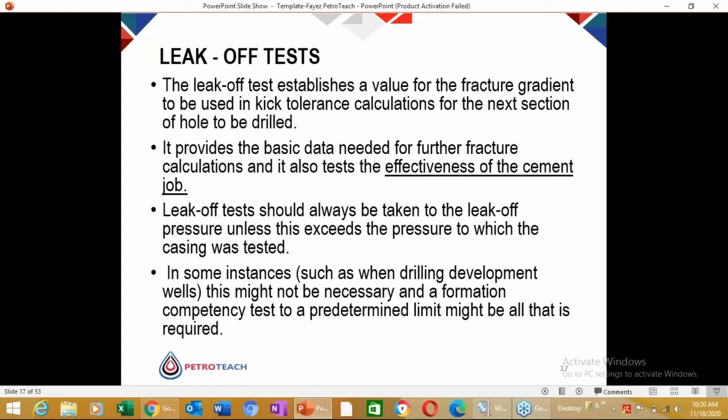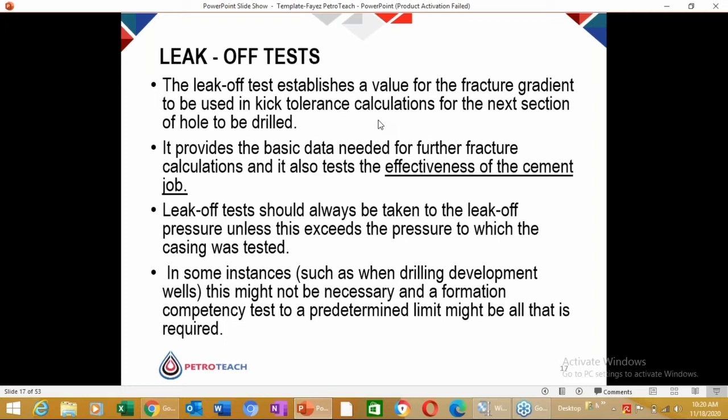It is the first test to consider, testing the first barrier. We will talk about the barrier later. Anyhow, the leak-off test establishes a value of fracture gradient to be used in kick tolerance calculation for the next section of the hole to be drilled.